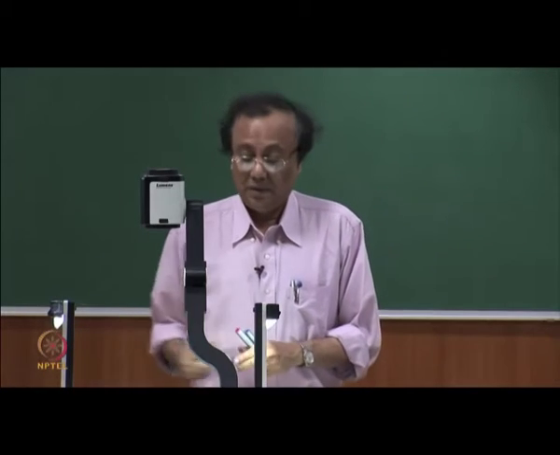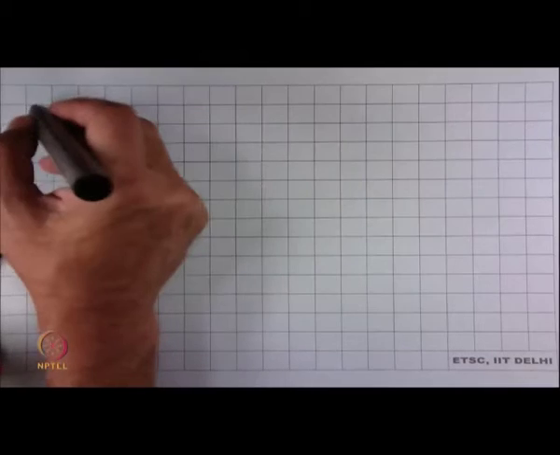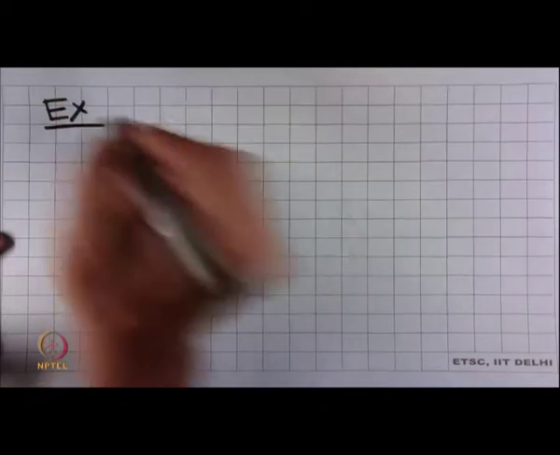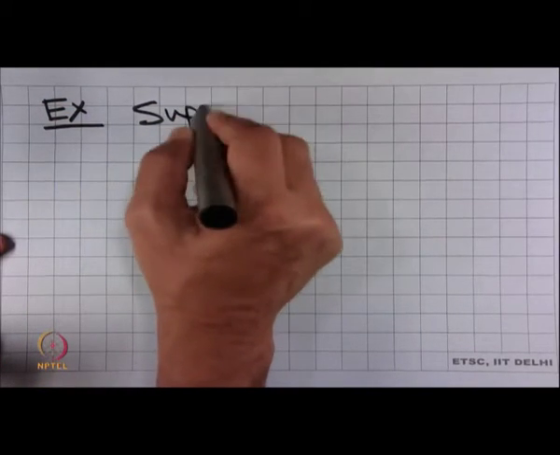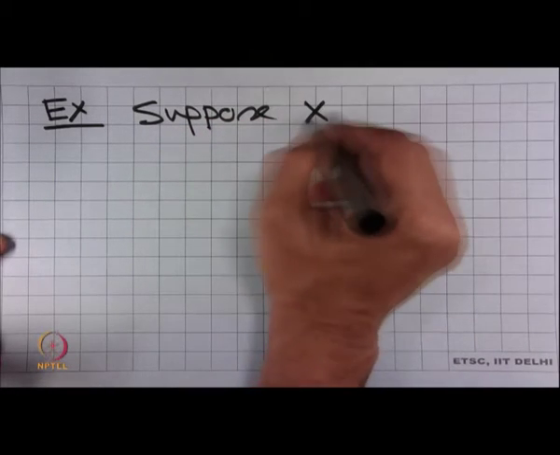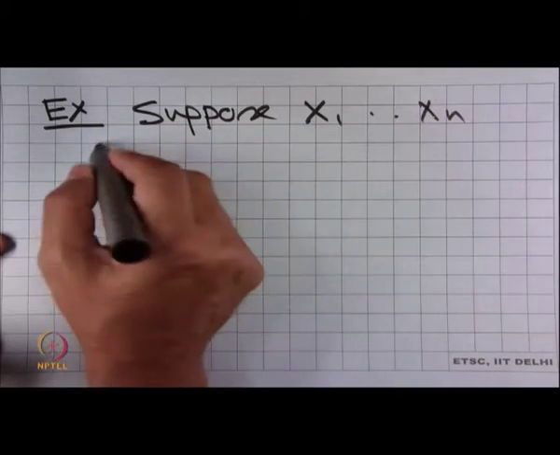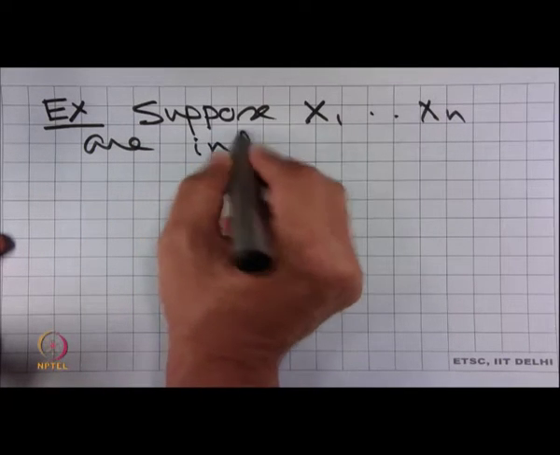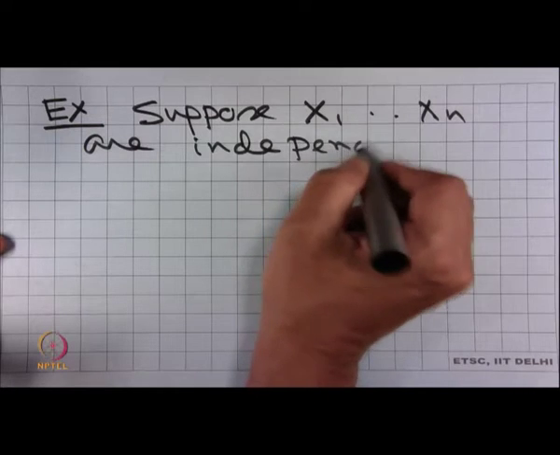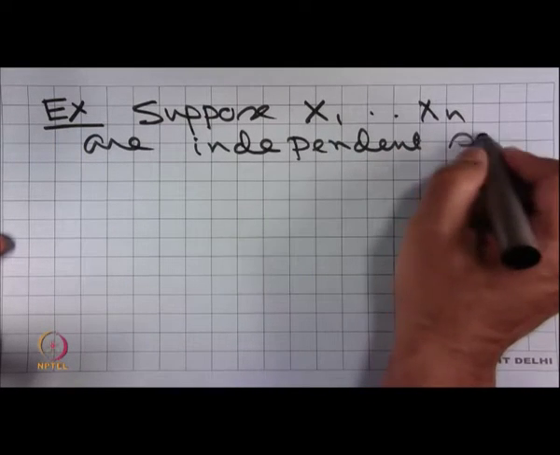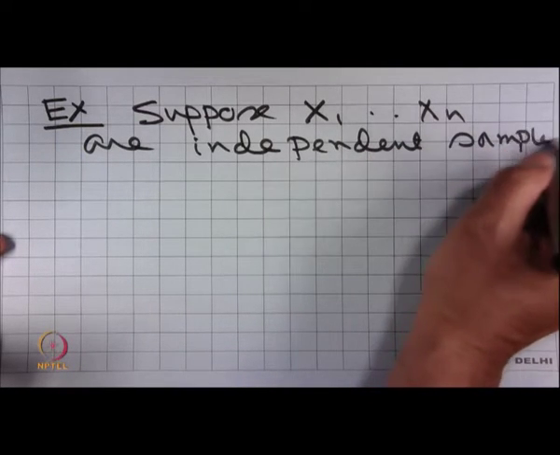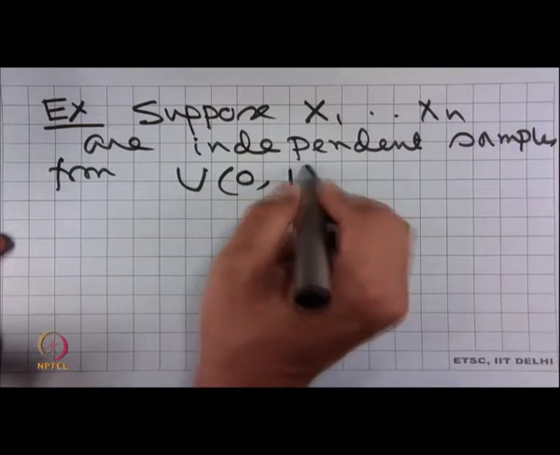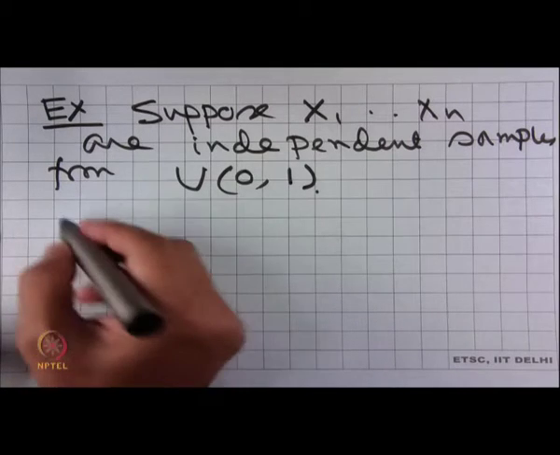Now, let me give an interesting example. Suppose x 1, x 2, x n are independent samples from uniform 0 1.